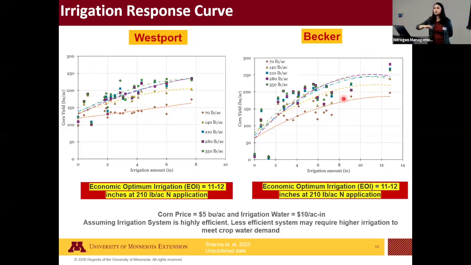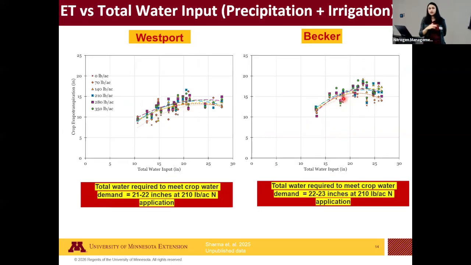So with supplemental irrigation, we want to fulfill the ET demand of the crop. I plotted total water, which is rainfall plus irrigation coming into the system, against evapotranspiration, which is how much your crop is using that water. And we want to maximize that so that our yield is maximum.